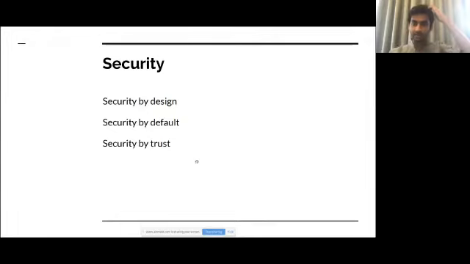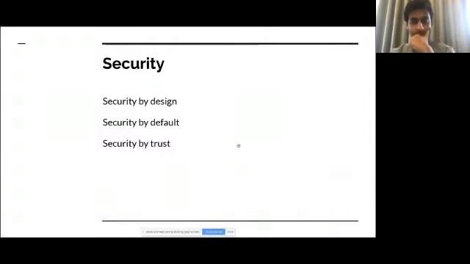Sorry, just to interrupt quickly, Sasi. Could you reshare your screen, please? I don't think it's visible. Oh, okay. It did say it is shared. Let me try to reshare it. Can you see it?